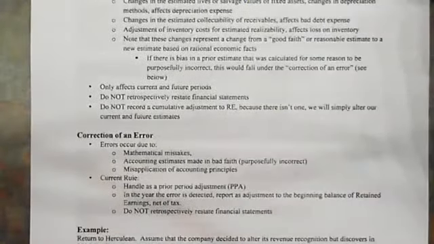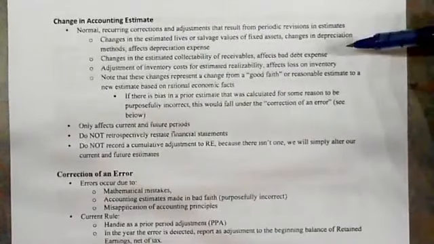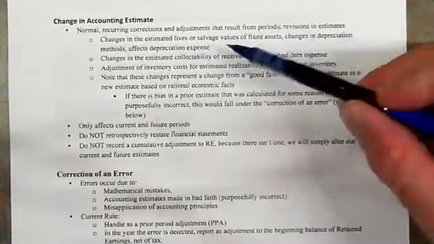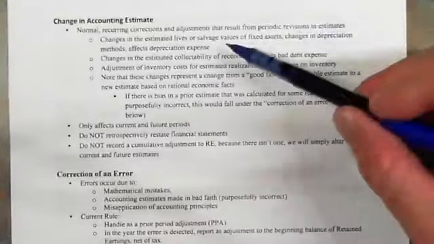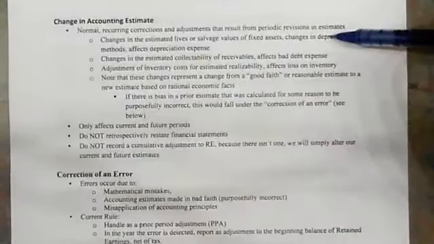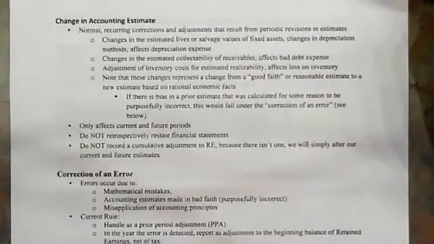A change in accounting estimate is just something that happens, right? It's a normal recurring adjustment because we have to make estimates in accounting a lot of the time. And sometimes they don't pan out despite our best efforts. So, changes in the estimated life of a fixed asset, salvage values of fixed assets, changes in depreciation methods, all of that would affect depreciation expense.